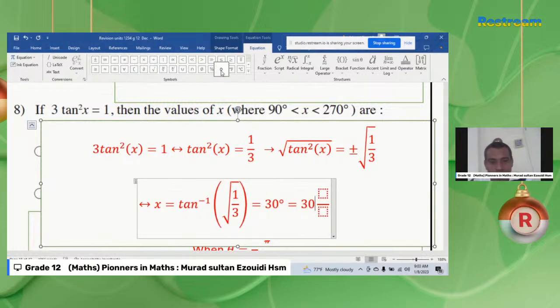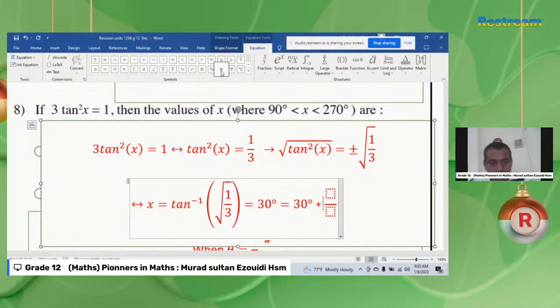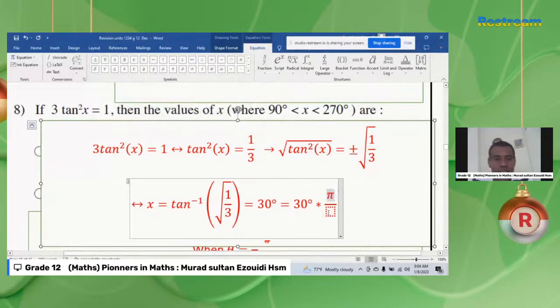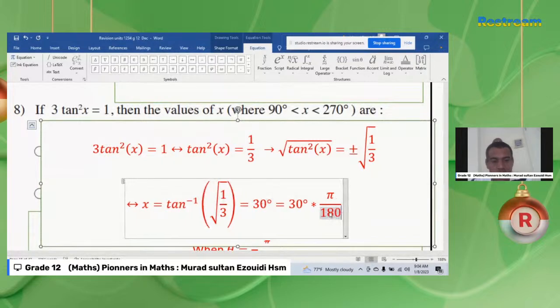This is in degrees, so multiply by pi divided by 180. This is to convert degrees to radians: pi over 180 degrees.